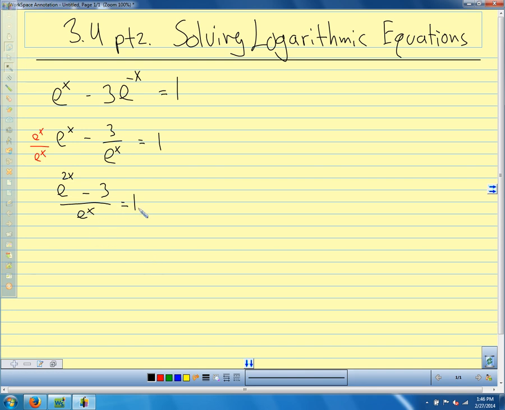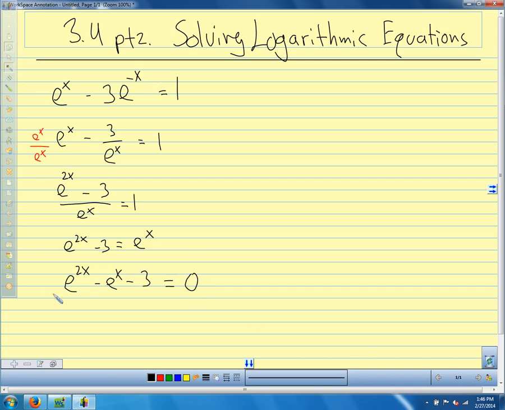Now multiply both sides by e to the x to get that out of the denominator. So I get e to the 2x minus 3 equals e to the x. And now hopefully this looks a little more familiar. I subtract e to the x: e to the 2x minus e to the x minus 3 equals 0.